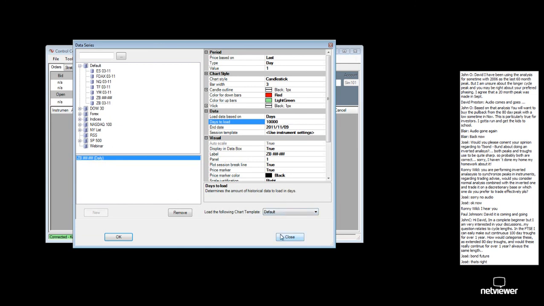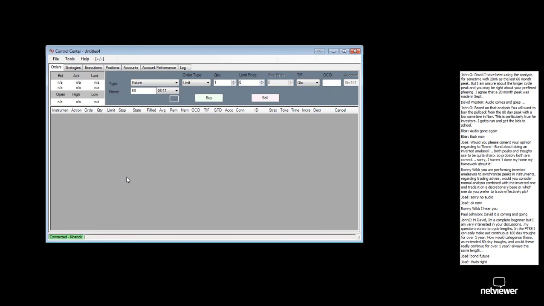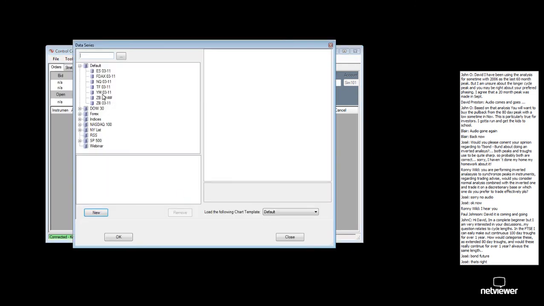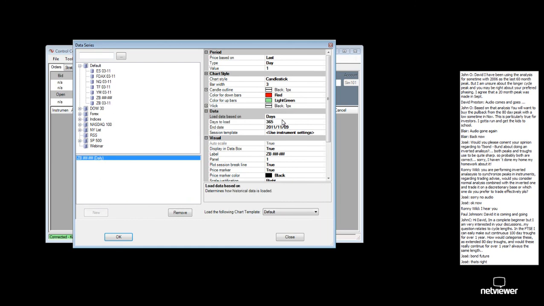So let me quickly load up some data. It's a really quick and easy thing to do. New chart, and we want that one. And how many days? Let's be greedy and ask for 10,000 days. Daily.